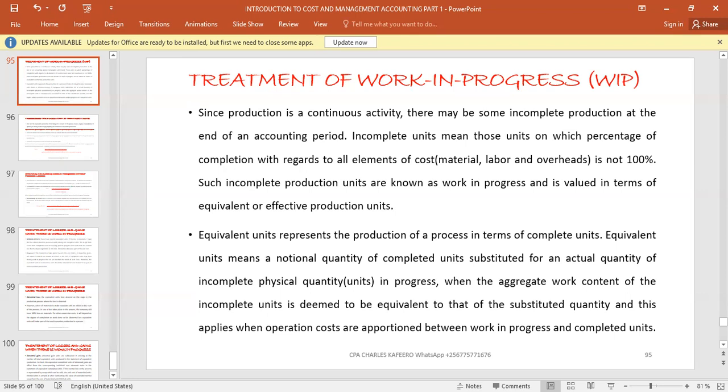Let's say you have a half cup of water and you have another half of water in a different cup. When you combine them, you are going to get one full cup that is complete.